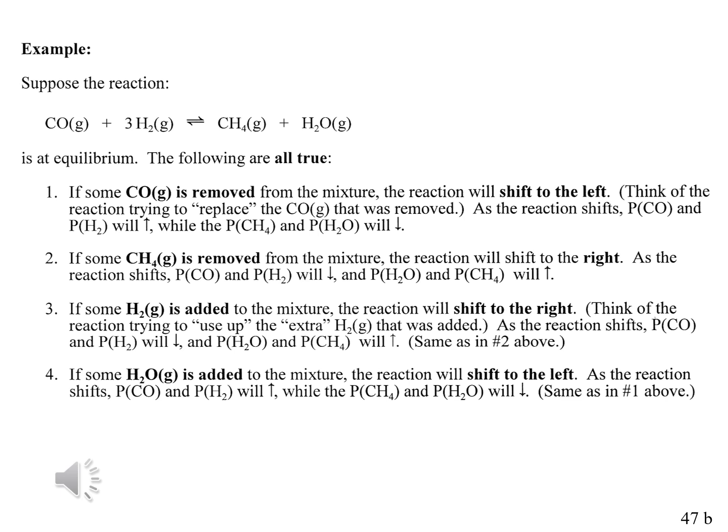If you remove some of the CH4 from the right, you'll shift to the right. You always shift toward what you remove. If you add some H2, you shift to the right again because you have to use up what you added. If you add water vapor to the mixture, you'll shift to the left because, again, you have to use up what you added.